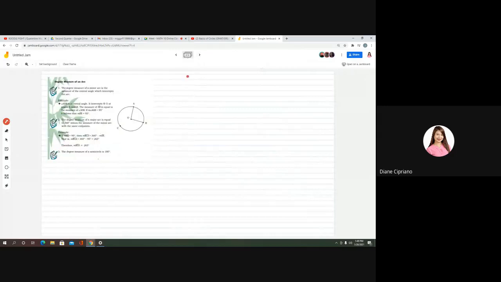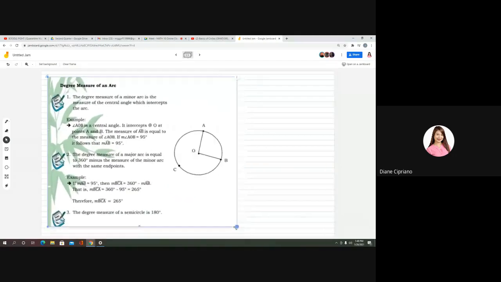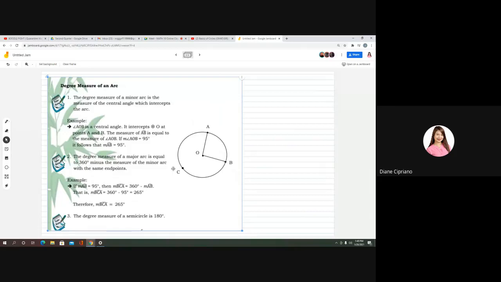So let's now proceed with slide number 5. I will just zoom it out. For the degree measure of an arc, the degree measure of a minor arc is the measure of the central angle which intercepts the arc. For our example number 1, we have here angle AOB.